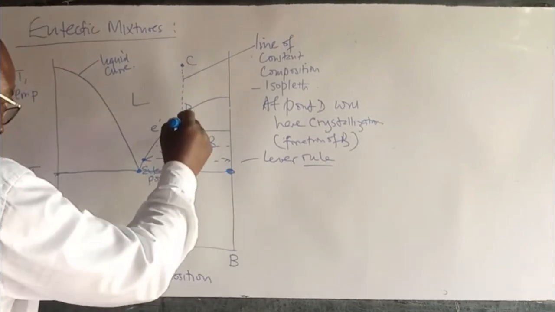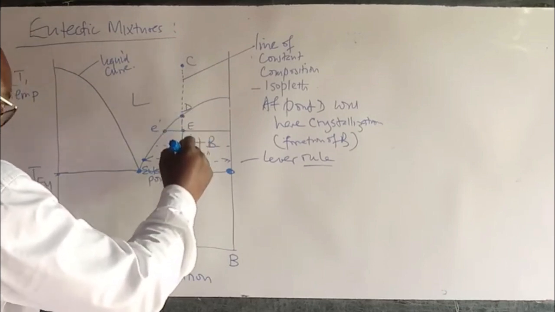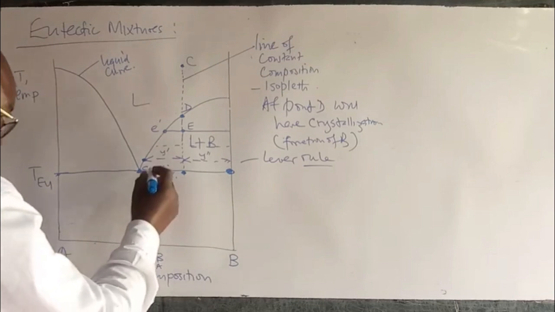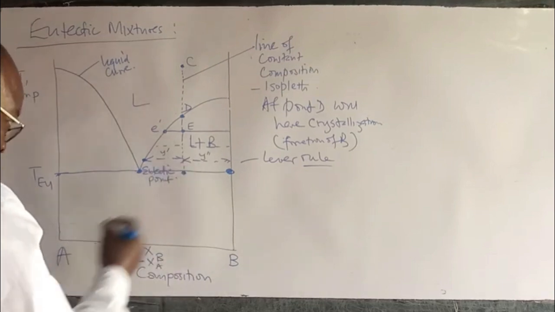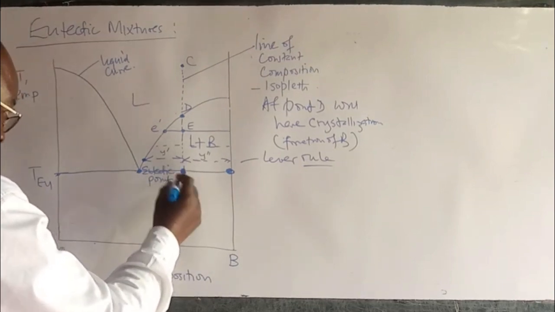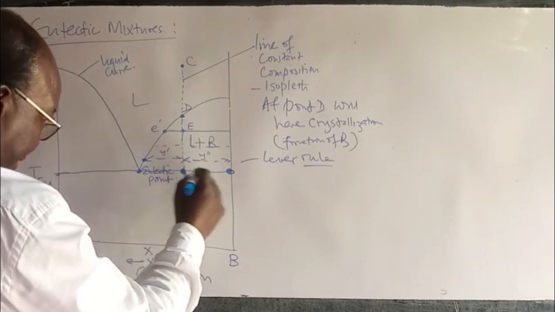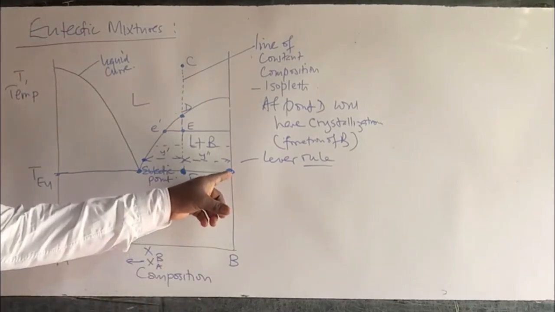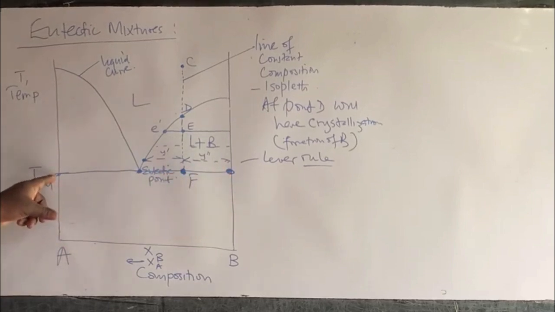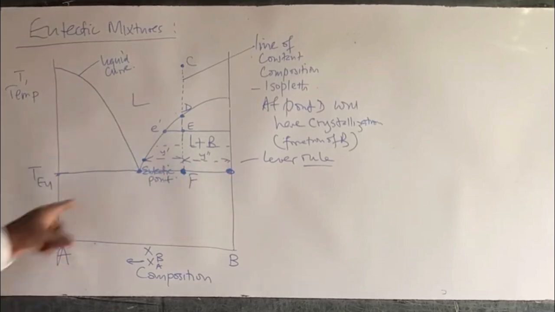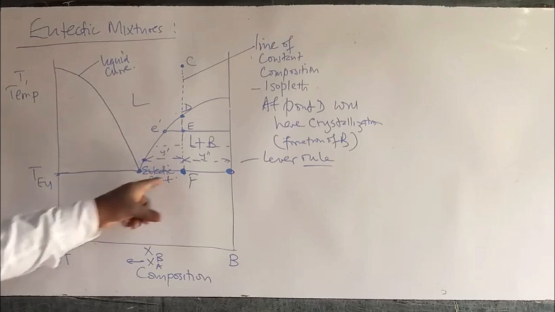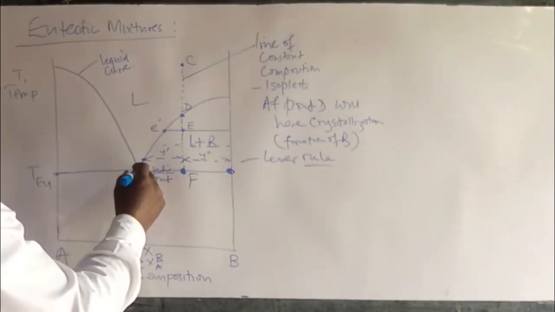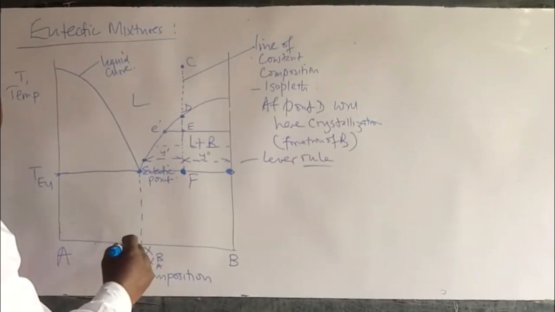And remember, as you continue lowering the temperature, we are forming more and more B, and also we are saturating the solution now with A. So when we reach this particular point here, let's call it F. At that state point F, we now have component B and A coexisting together in equilibrium at this eutectic temperature. They are coexisting together in equilibrium with the eutectic mixture here, whose composition, let's say, is XE.